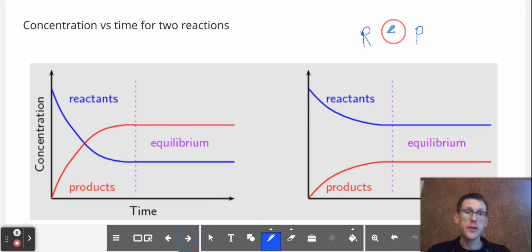So the reaction doesn't go forward very far, and the equilibrium favors the reactant side. On the other hand, in this case, we have the equilibrium favoring the product side because there are a lot of products and not many reactants.